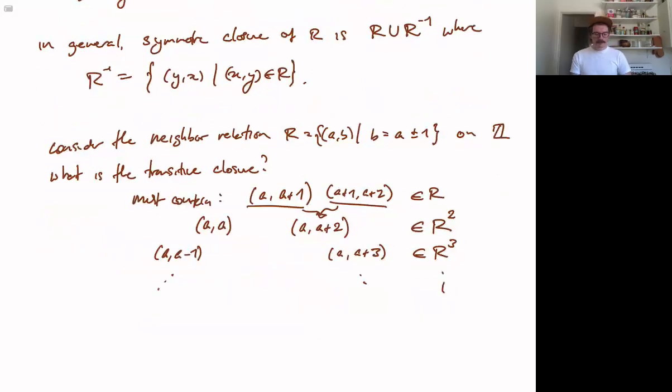If you continue this process, you'll see that you must get every pair, because starting from any number a, you can get a comma a minus any number, or a comma a plus any number. And that's everything. So the transitive closure is the trivial relation Z cross Z.